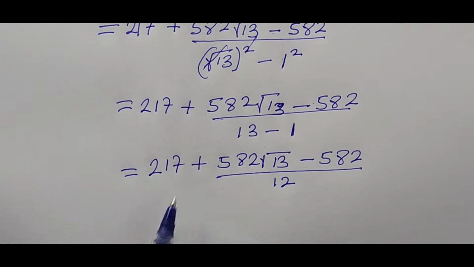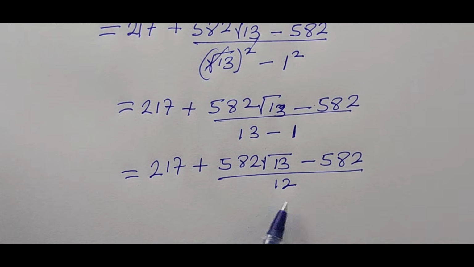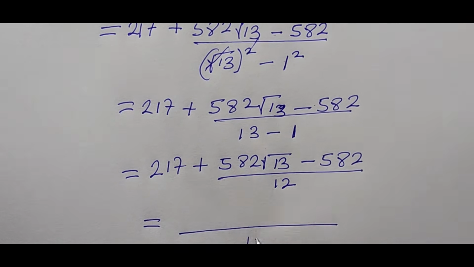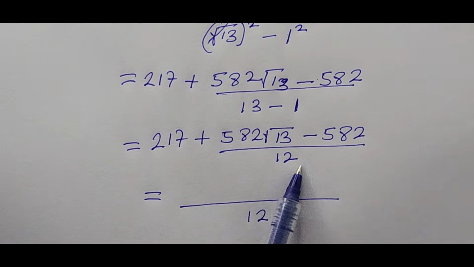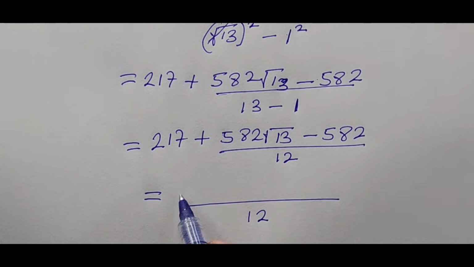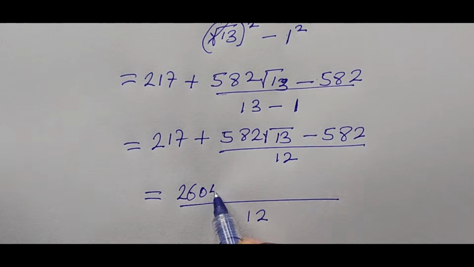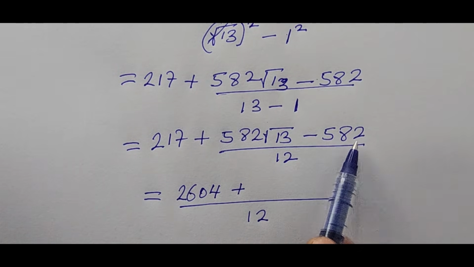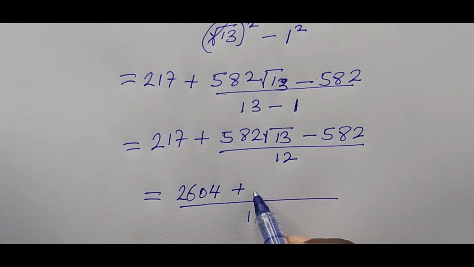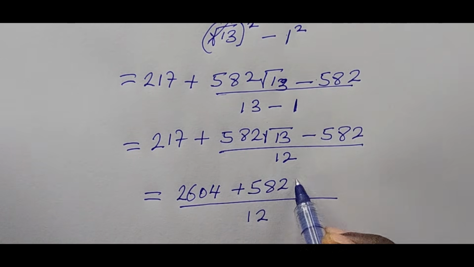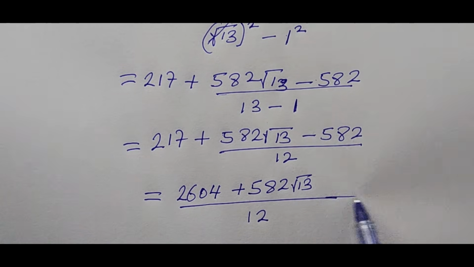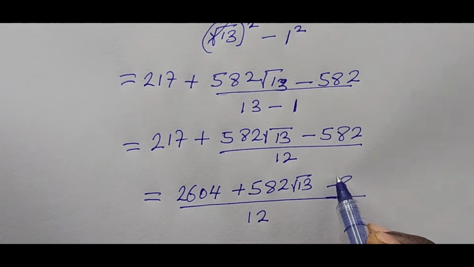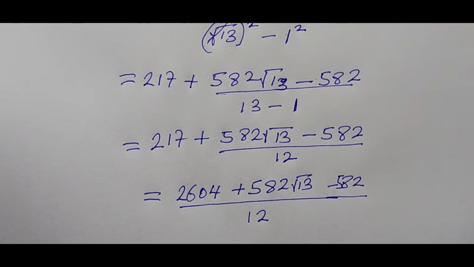We use 12 to multiply this, and then we simplify. Let's take the LCM first. The LCM is 12. So we use 12 to times this. It's going to give us 2604. Then plus this will remain. Okay, let's bring this first. So I have 582 root 13, then minus 582.